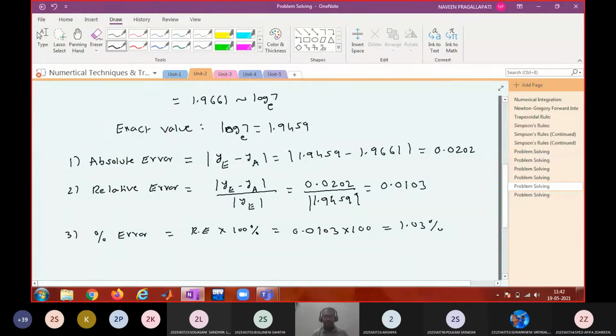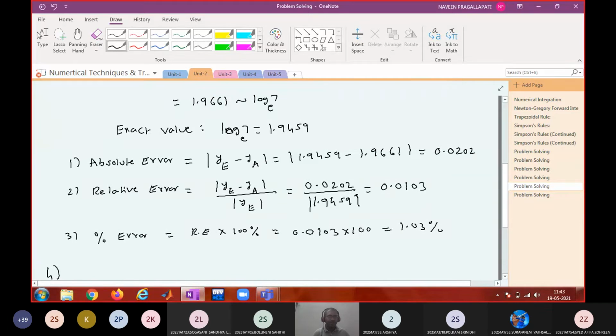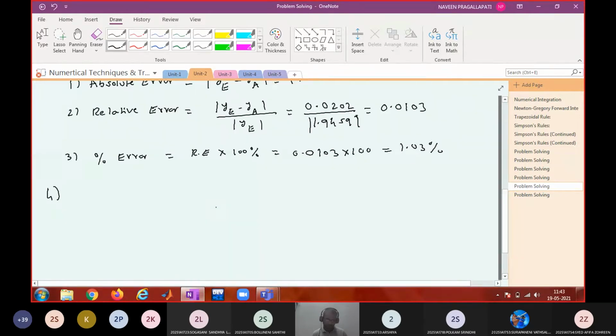Okay. So note down the next problem. You may write it as a note. Integrate from 0 to 1 of 1 by 1 plus x square, taking n equal to 10.